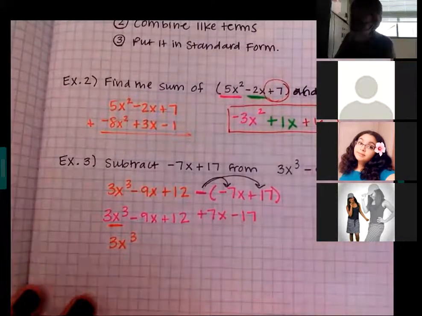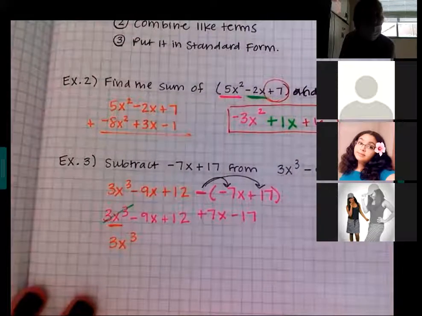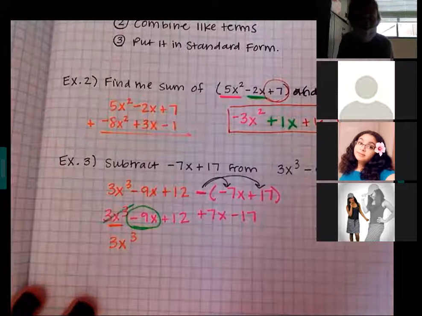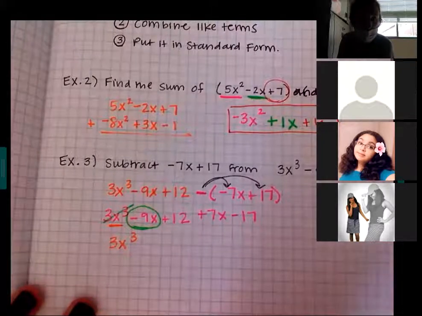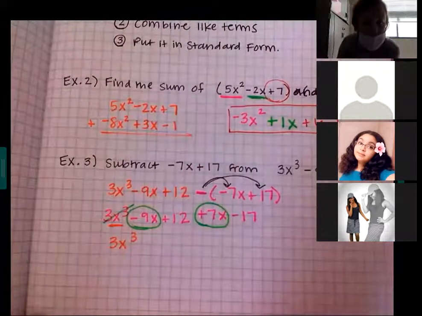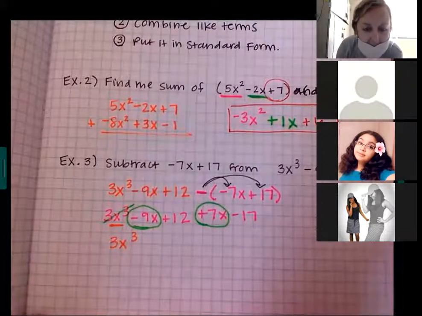What would come next? I'm done with this one. What would come next? Good. She said negative 9x, and what can we put with it? 7x? Negative 9 plus 7.